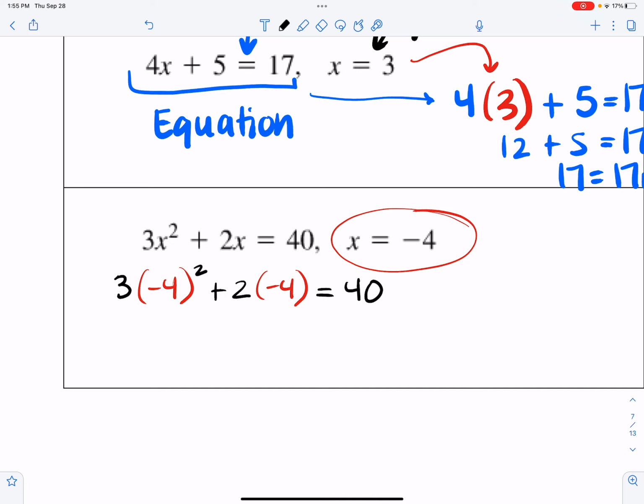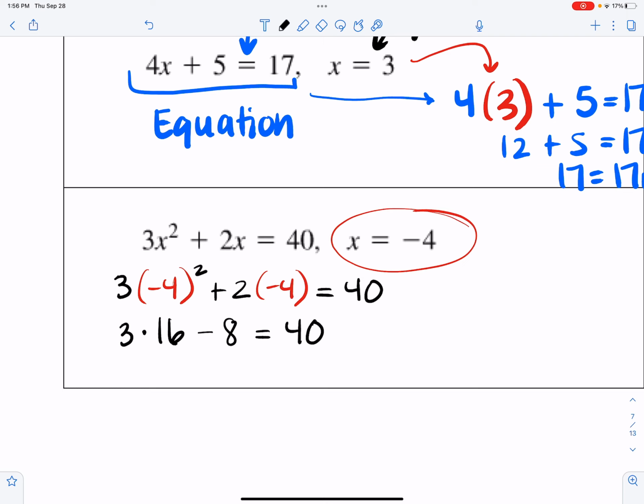So I'm just going to simplify and see if I end up with a true statement or a false statement. So we've got 3 times, and -4 squared is 16, positive 16. 2 times -4 is -8. And we've got equal to 40.